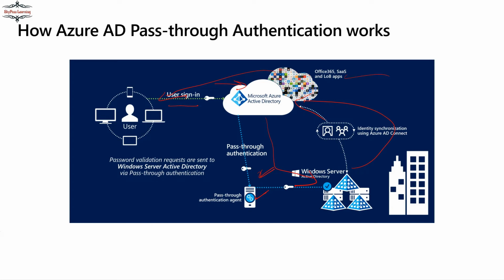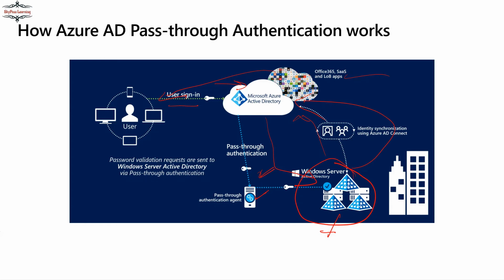For example, Office 365 or any other services like Teams or Salesforce, anything that is based on or integrated with Azure Active Directory. So the authentication process, you can see, has been handled by Windows Active Directory, which is on-premises. In hash sync, the password is already synced to the cloud, whereas in pass-through, the password is not synced to the cloud.